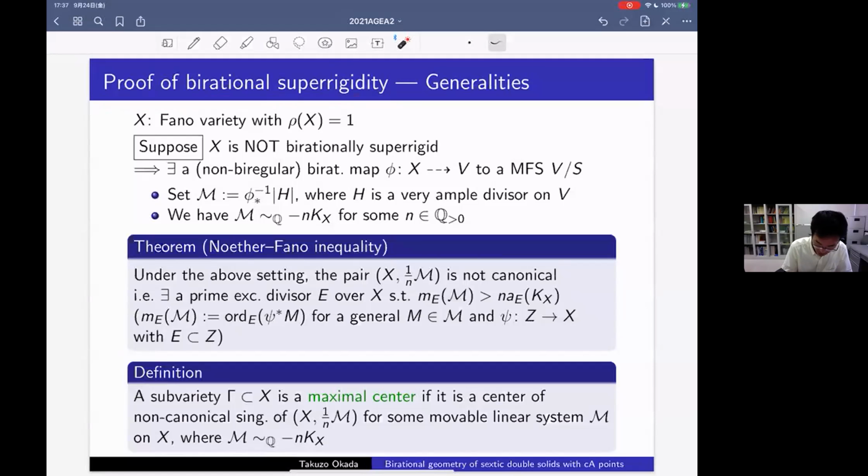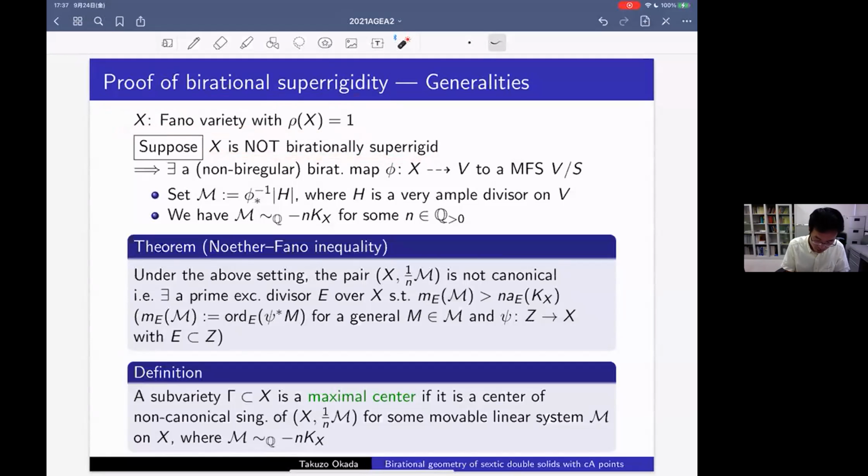So in this slide, let X be a Fano variety with Picard number 1. We will derive a contradiction by assuming X is not birationally superrigid.